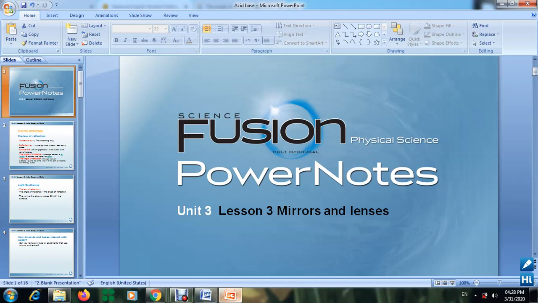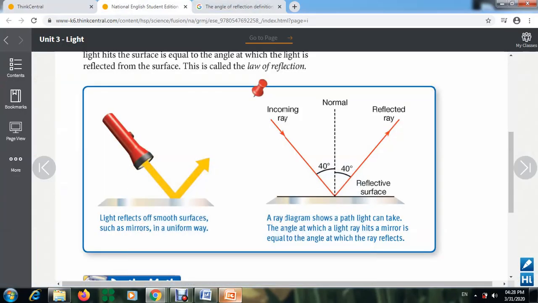Also, we have mentioned that surfaces might be smooth or rough. When light hits rough surfaces, these surfaces reflect the light in different directions. But when light hits smooth surfaces, the light is reflected in a uniform way, as mirror surfaces do.